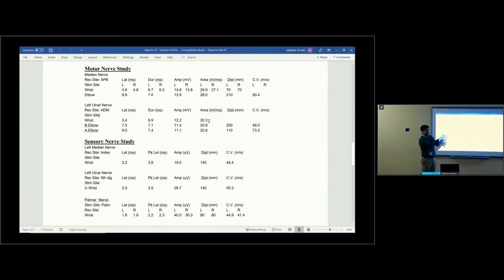For sensory, we record from digit 2. Ulnar, we record from digit 5. And then motor, we do it here. So in this segment, we are seeing that there is a segment of median nerve that is showing slowing. That fits with carpal tunnel syndrome. This distance difference should be more than 0.5. And so that's sensory involvement.